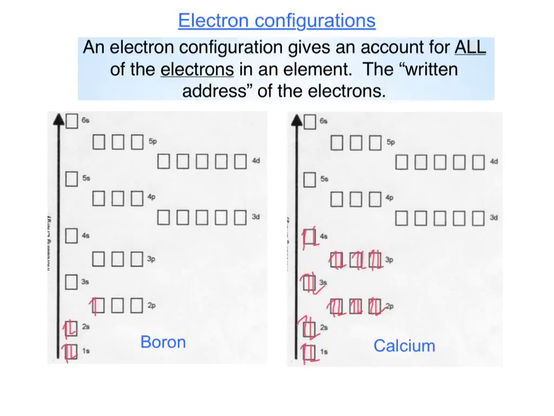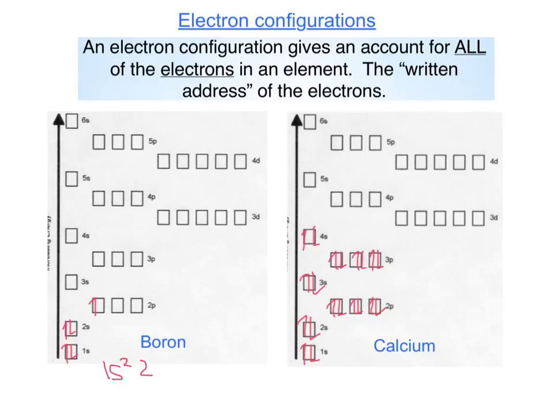Now, electron configuration takes account of all the electrons that are present in the element in the orbital diagram. And so if we wanted to write the electron configuration for boron, it basically tells me what electrons reside in what orbitals. So for boron, I have electrons in the 1s, and there are 2 electrons in the 1s.